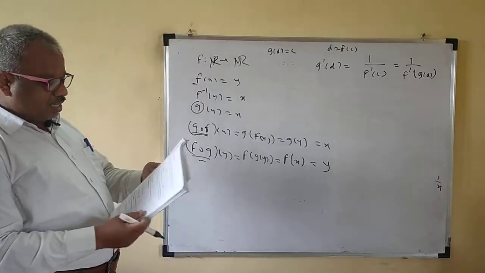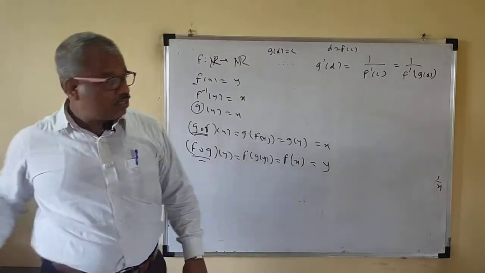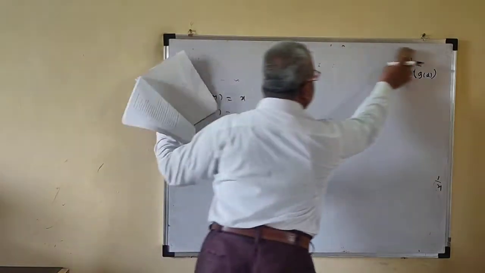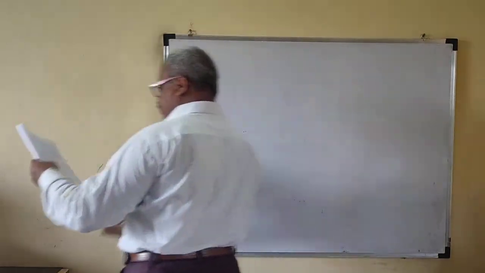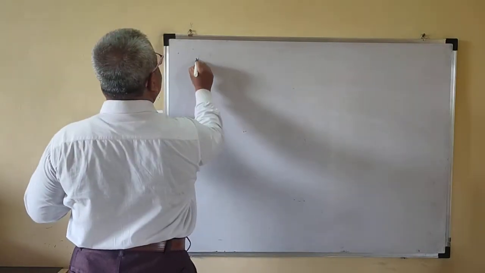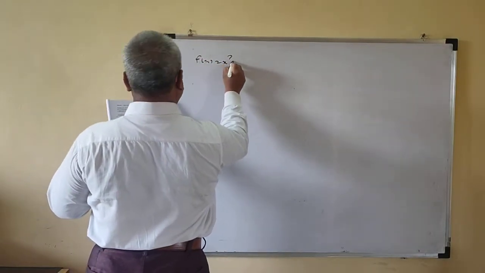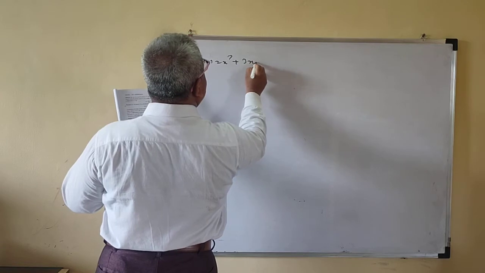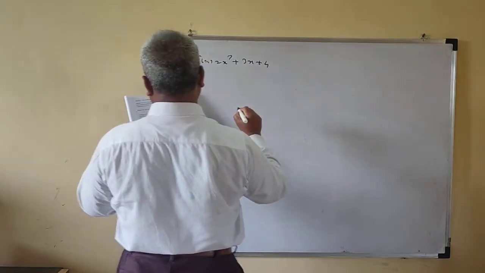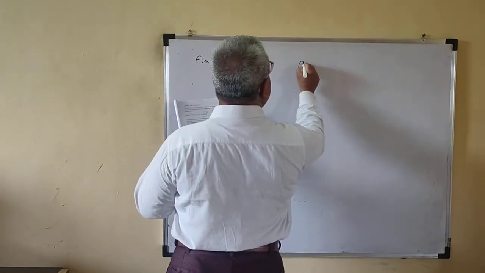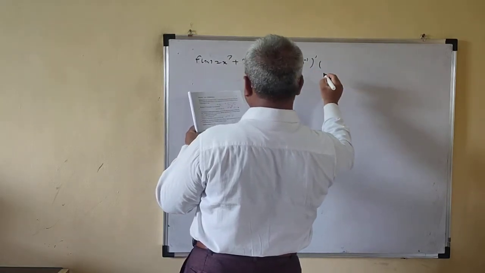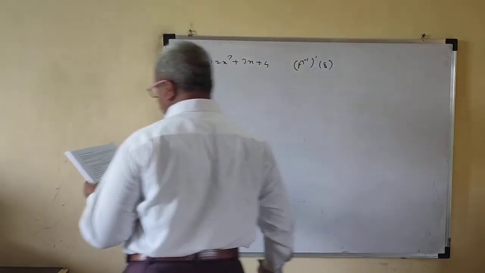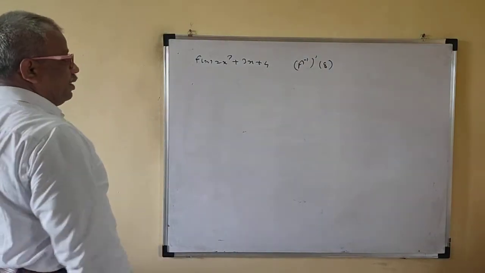Okay. So now we take an example so that you will understand how the question will be asked on this. Suppose you have f of x is equal to x raised to 7 plus 3x plus 4. And suppose you want to find f inverse of 8.